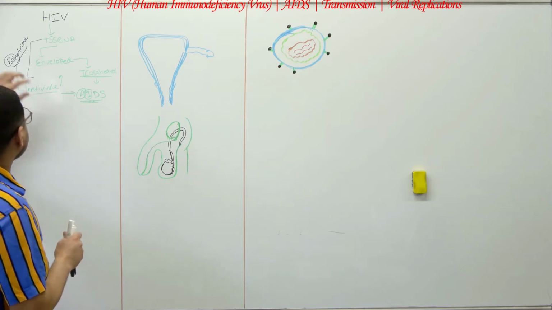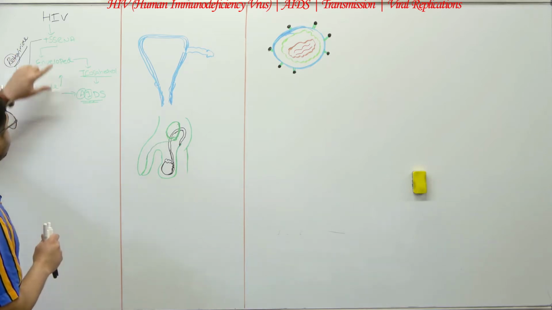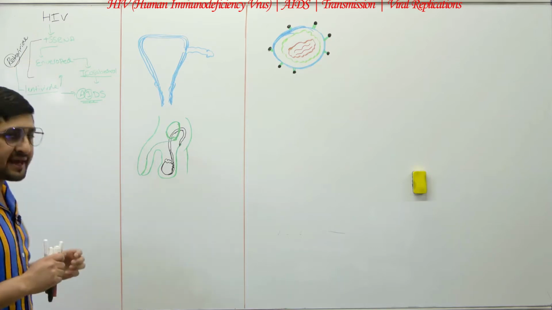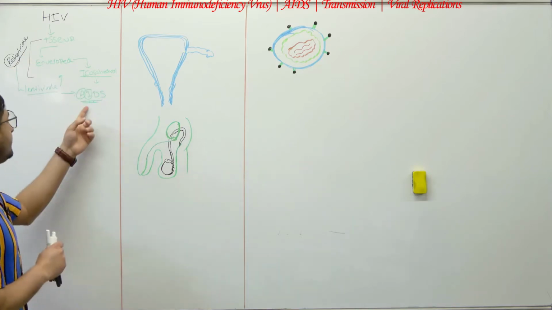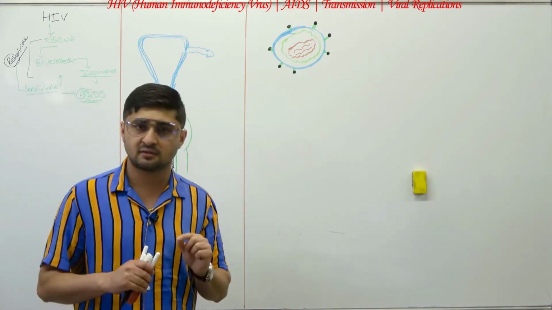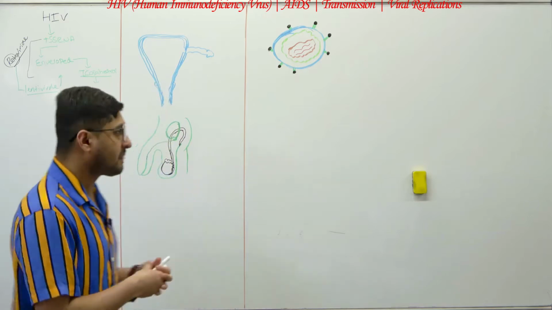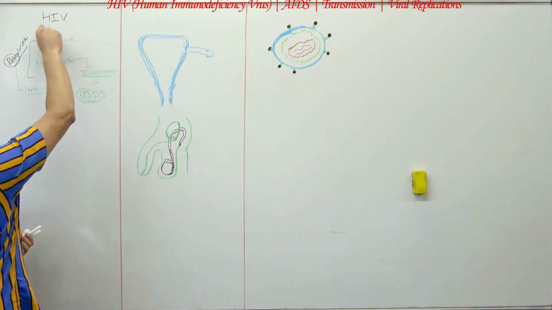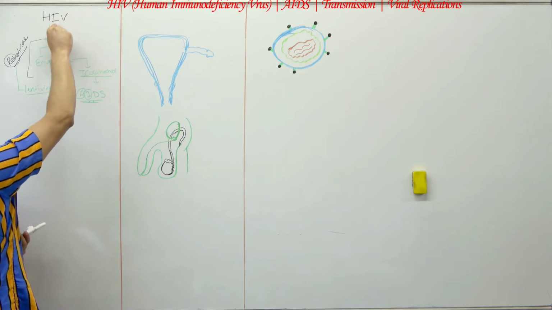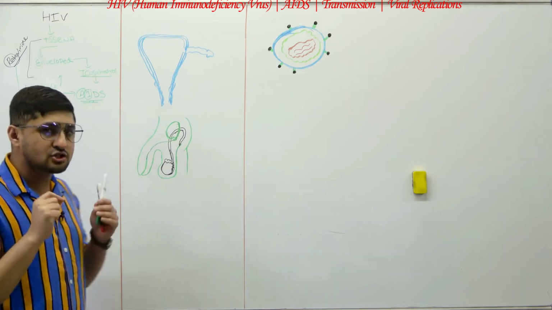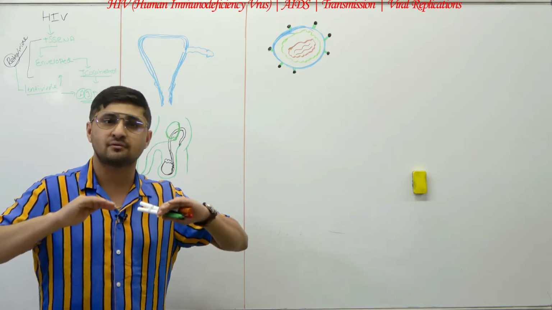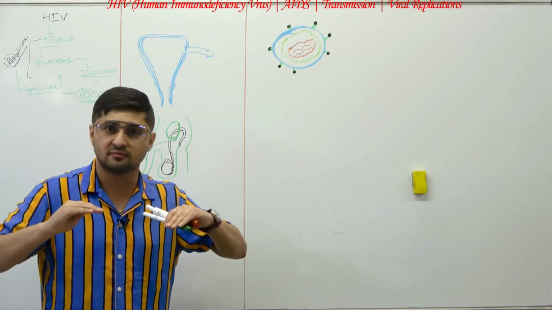Now, I have to make one more thing very clear: HIV, human immunodeficiency virus, and AIDS, acquired immunodeficiency syndrome, are not the same thing. Look, the name itself tells you. HIV means human immunodeficiency virus. It is going to attack our immune cells, and we're going to have a deficiency in our immune cells.